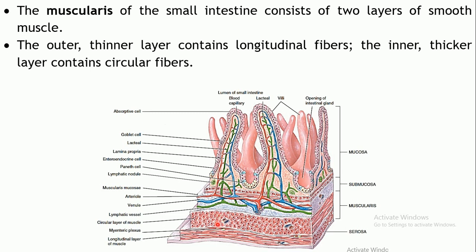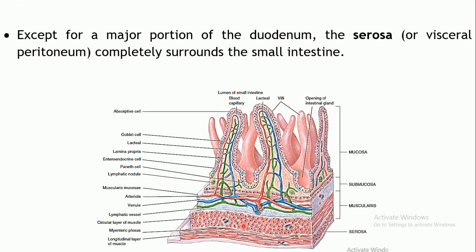There are more muscles present over here, right? And these are placed circularly, as circular fibers along the circumference of the GI tract or the lumen. Okay, so this is to do with the muscularis, and the outermost layer is the serosa.